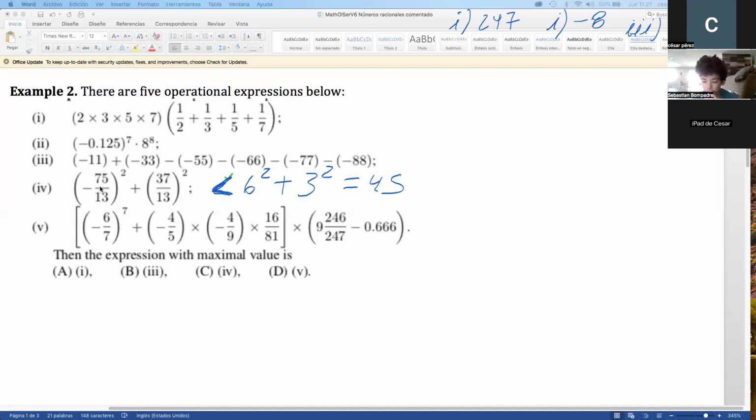Can you find a fast way for discarding this one? Okay, let's see. How did you do it, Sebastián?